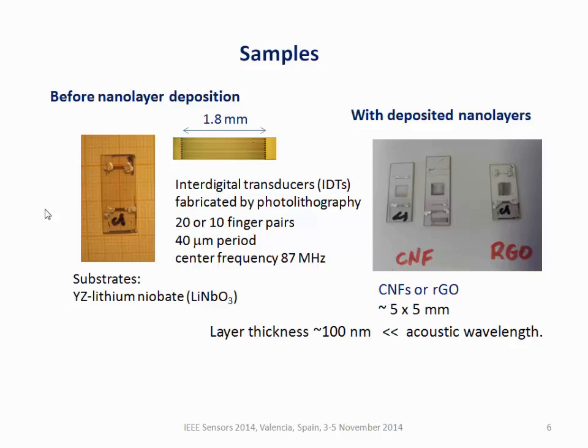Before the layer depositions, standard surface acoustic wave delay lines were fabricated. Here is an image of an interdigital transducer. Interdigital transducers were fabricated by standard photolithography. And here we have an image of several samples with transducers and with deposited layers.